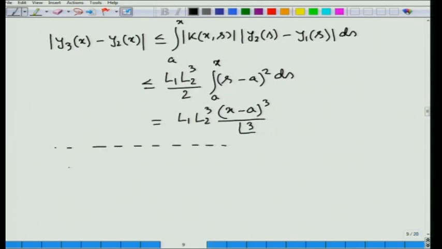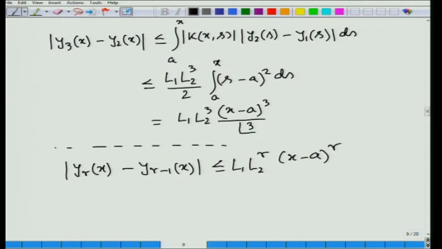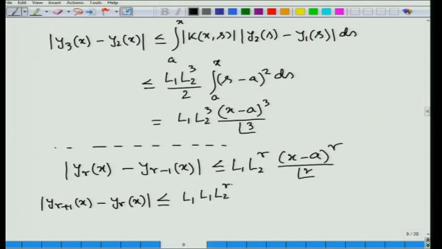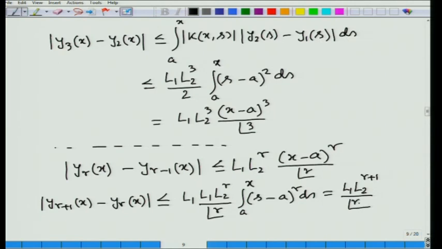as an induction hypothesis, we can assume that modulus of y r x minus y r minus 1 x is less than or equal to L 1 times L 2 to the power r, x minus a whole to the power r, divided by factorial r, and from here we can prove easily that modulus of y r plus 1 x minus y r x is less than or equal to, if we combine this concept, L 1 multiplied with L 1 L 2 to the power r divided by factorial r integral a to x s minus a whole to the power r ds, and this is equal to L 1 L 2 to the power r plus 1 divided by factorial r plus 1 times x minus a whole to the power r plus 1.